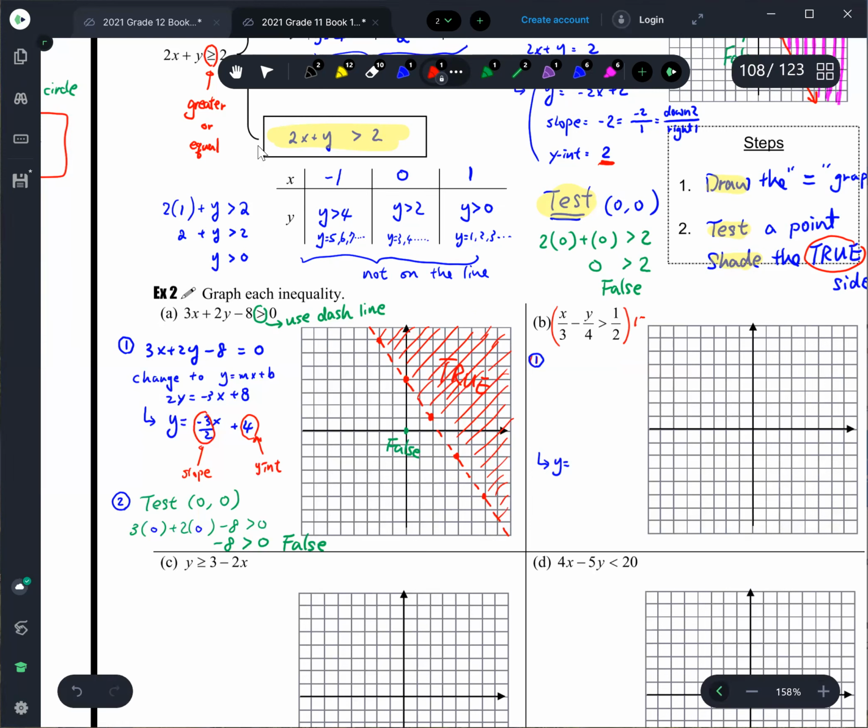Yeah, 12 will be better. Use 12. Everything times 12. And then isolate y. If you are sure your form is right, you can move on to graphing.